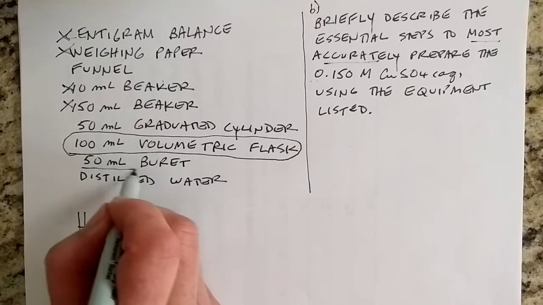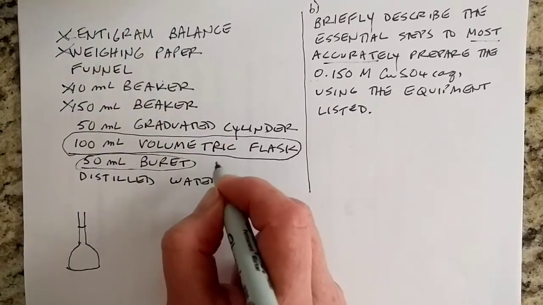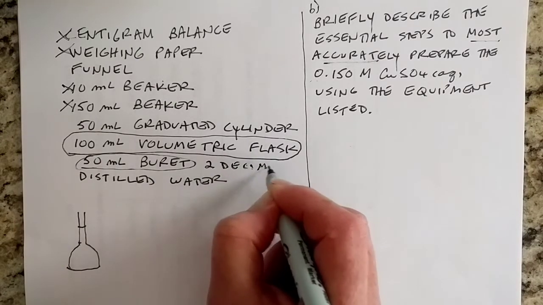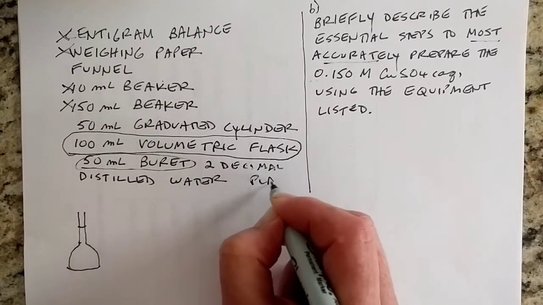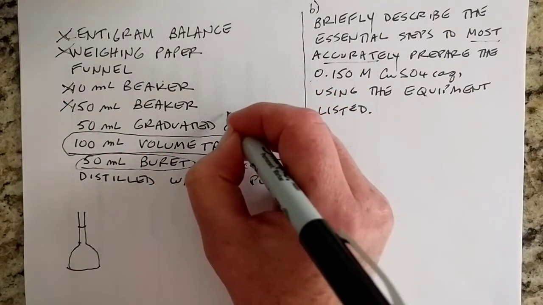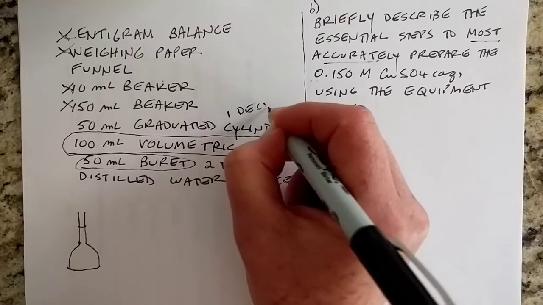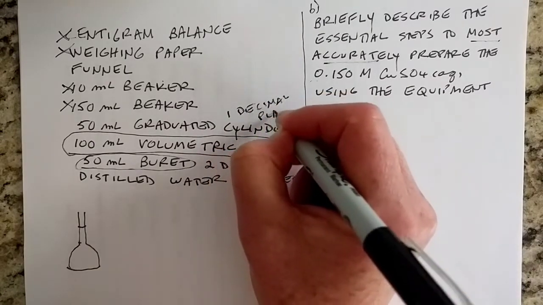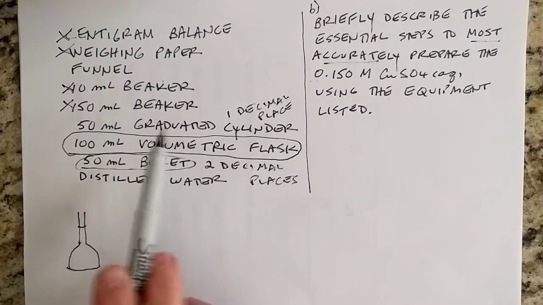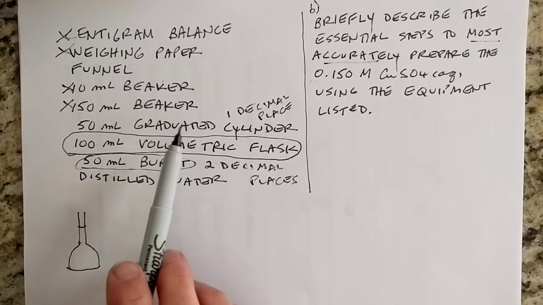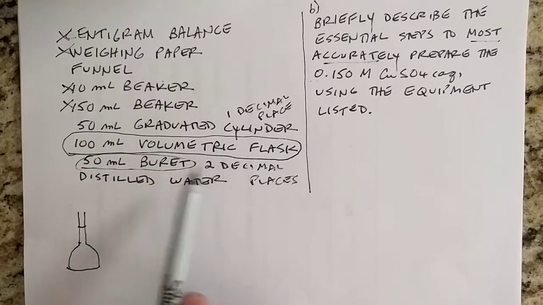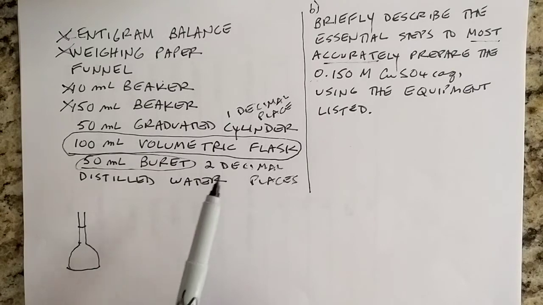The burette is good to 2 decimal places, and the graduated cylinder is only good to 1 decimal place. So you could certainly use a 50 milliliter graduated cylinder to make a molar solution, but we want to use the instrument that's going to give us the best measurement, the best number of sig figs.